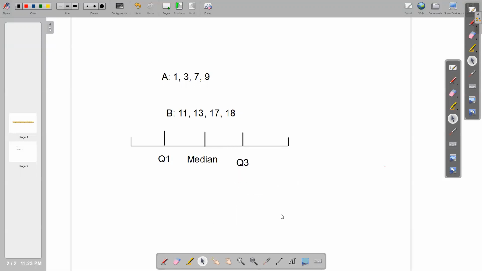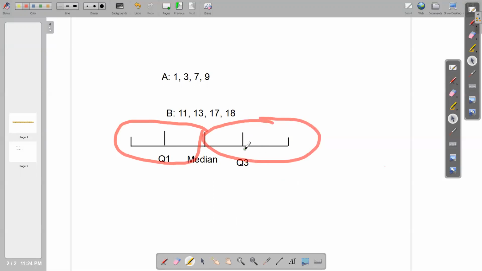So for a data set, if you find the overall median, then we can find quartiles very easily. Basically, we just use the overall median to separate data into 2 halves. Then for each half of the data, we find a median again, right? The median of the first half of the data is Q1. The median of the second half of the data is Q3.